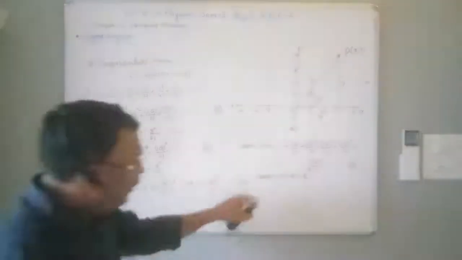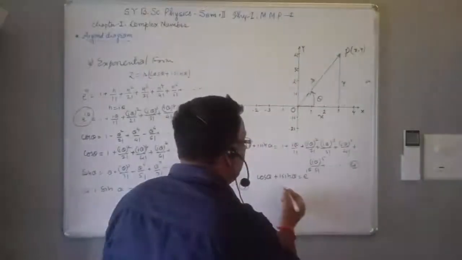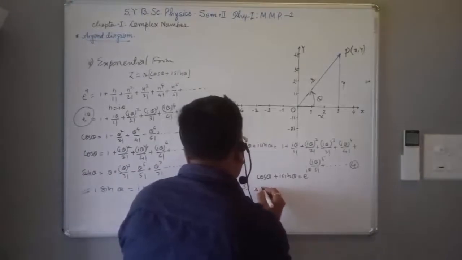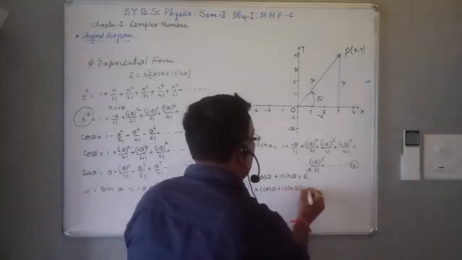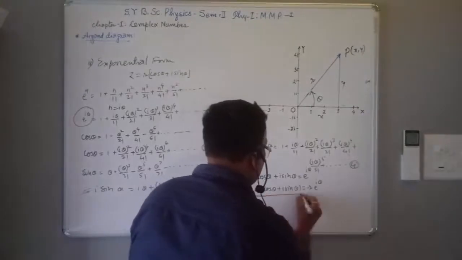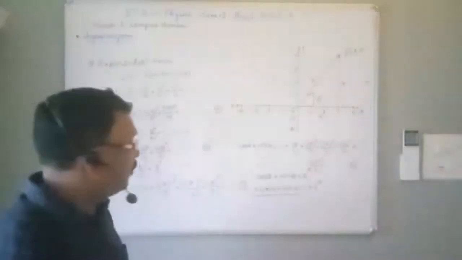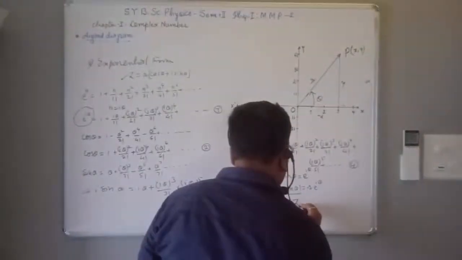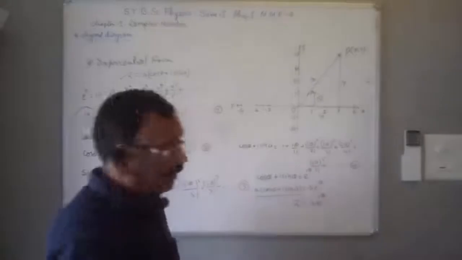If we multiply by r on both sides of this equation, then r (cos theta plus i sin theta) is equal to r e raised to i theta. What is this? This is the polar form of complex number. Hence we can write z is equal to r e raised to i theta.